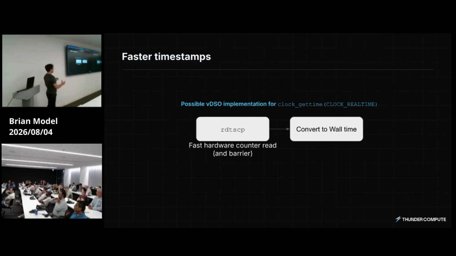And one possible implementation of how this would get implemented, not saying this is how it is implemented, is that the user space implementation would read some sort of a hardware counter and then perform some kind of a correction. But we don't really care about this correction for our case, since the timestamps are already kind of iffy anyway, and all we care about is the ordering.